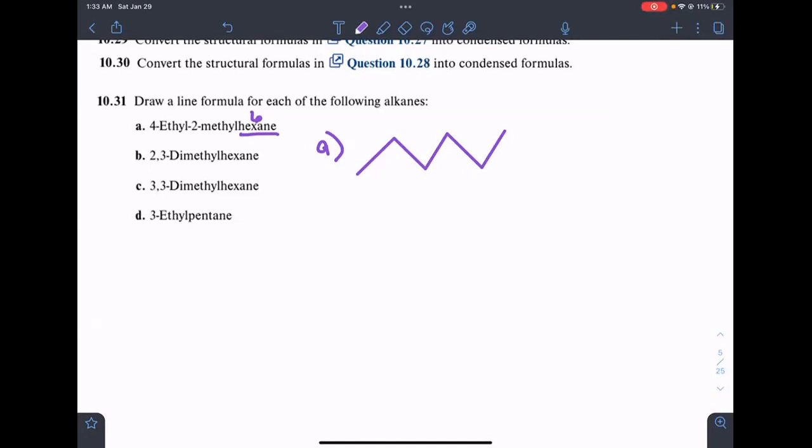So now coming off of carbon 2, I have a methyl group. So I have to count my carbons. 1, 2. Coming off of 2, I have a methyl group. Okay, so I did that. Now coming off of 4, 3, 4, I have an ethyl group. So an ethyl group is 2 carbons. Okay.